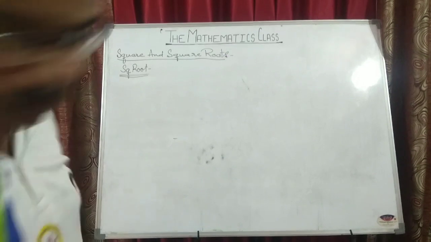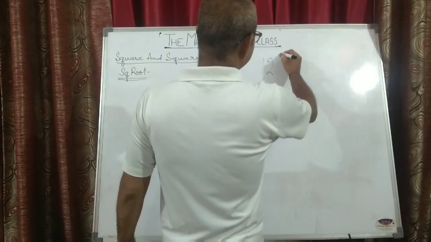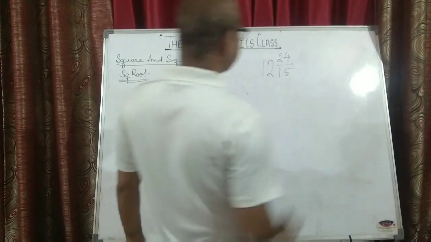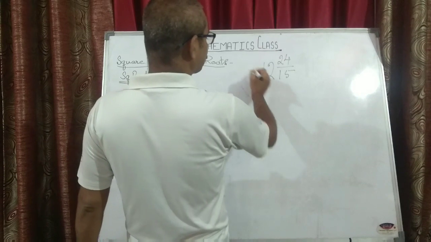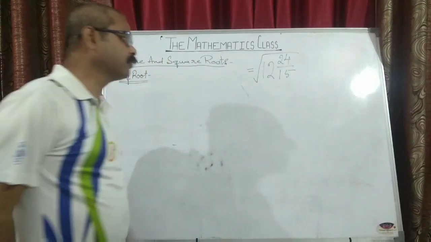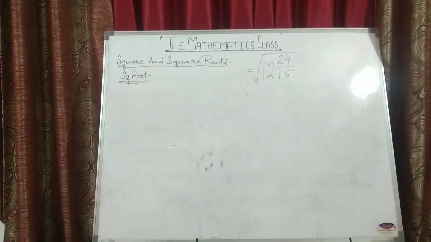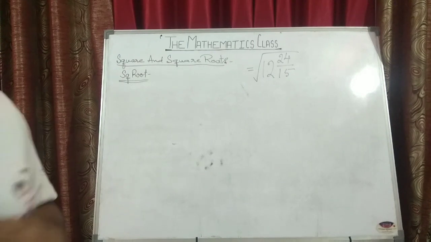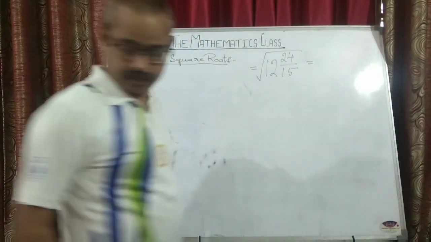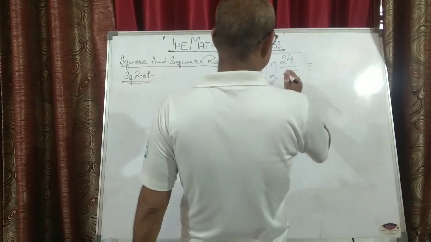Let's take 12 whole 24 upon 15. Find the square root of this number. Now 12 whole 24 upon 15 can be written as, sorry, not 15 but 25.